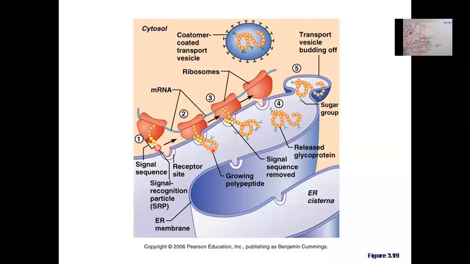The protein enters into the RER, and once it's in the RER, these little green carbohydrate hedges are planted, and it is folded into its secondary alpha helix beta pleated sheet structure and its globular structure or tertiary structure on top of that.